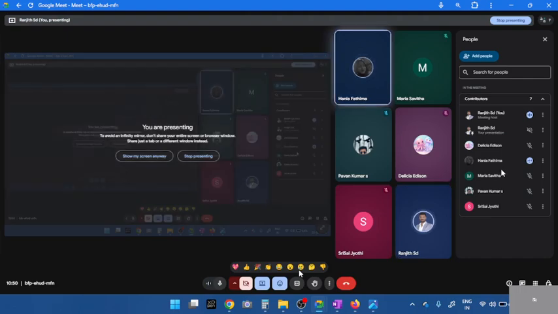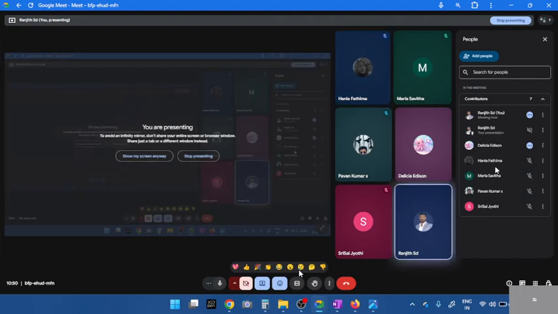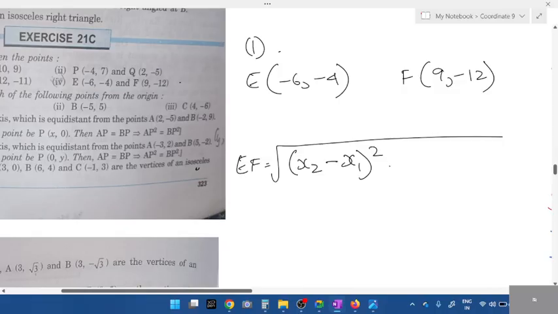One minute, one minute. What is Delisha doing? Unmute the call, Delisha. Yeah, tell me the formula. Plus, see, this entire exercise, you'll have only one formula. So try to write it properly, students. Y2 minus y1 whole square.